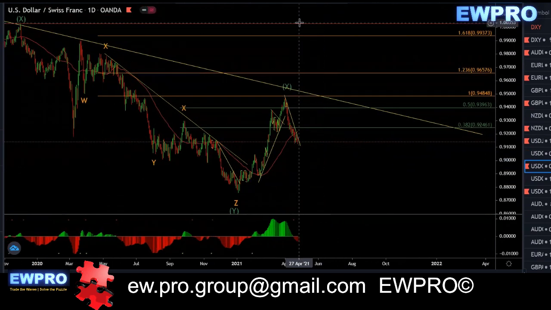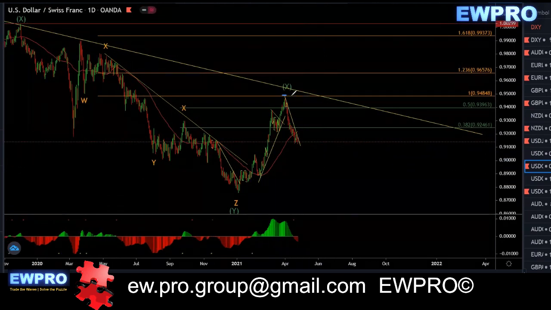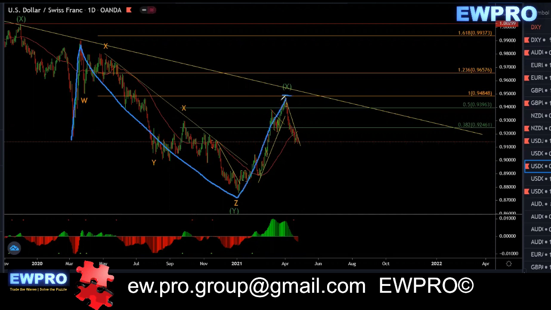Anyway, we've bounced off that 100 fib for this A, B, C. And we do have X2 on the weekly, so we can look at it as A, B, C, a flat in here. But on the weekly, we got that as a possible Z down, so this low can be broken. And this is looking rather impulsive.